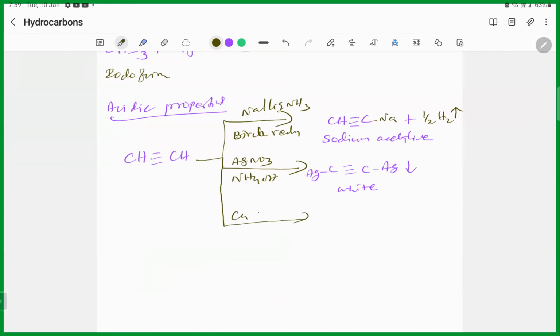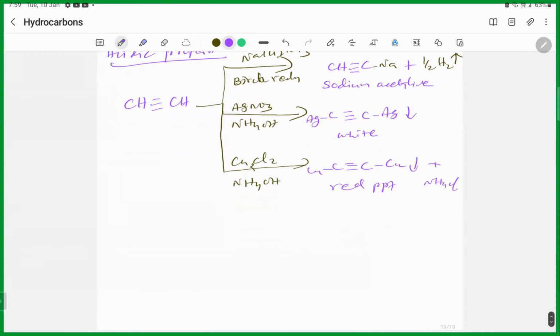Then cuprous chloride and ammonium hydroxide: same way copper acetylide will form, a red precipitate, and then it will give ammonium chloride.